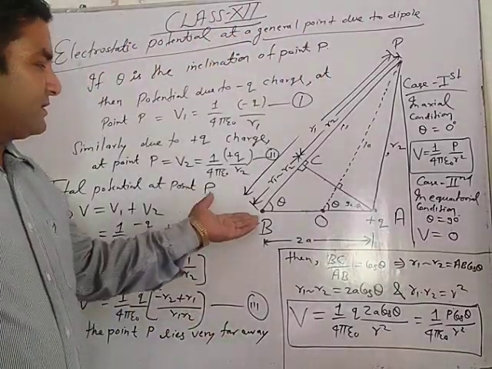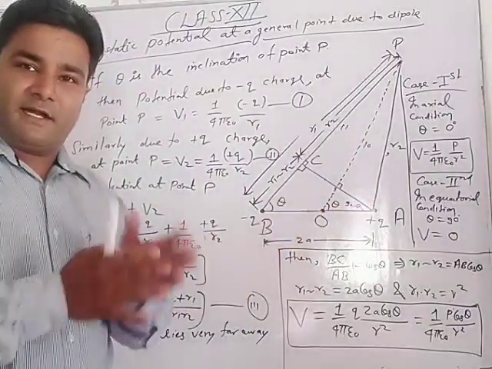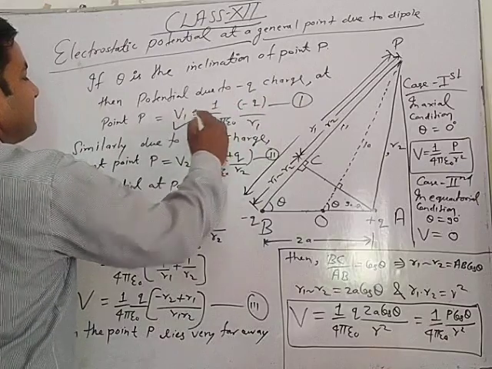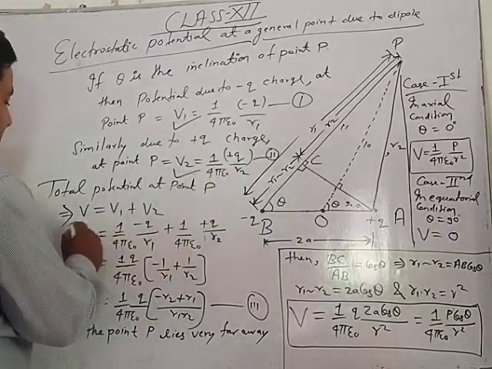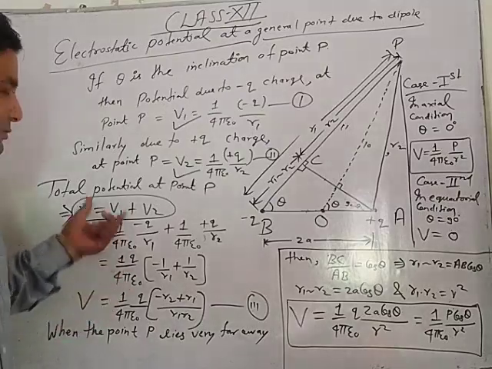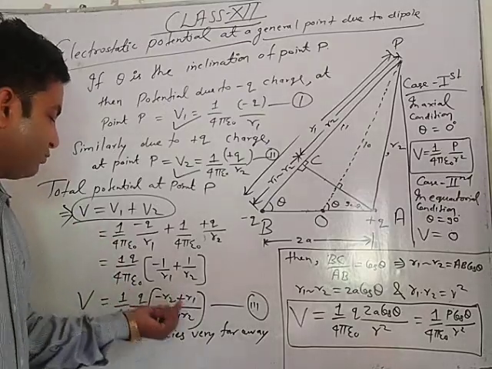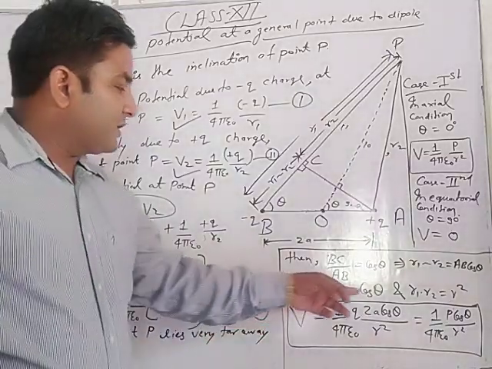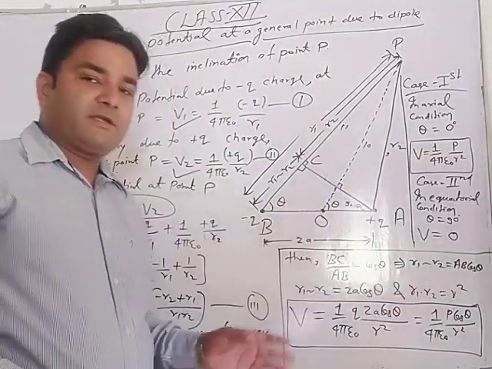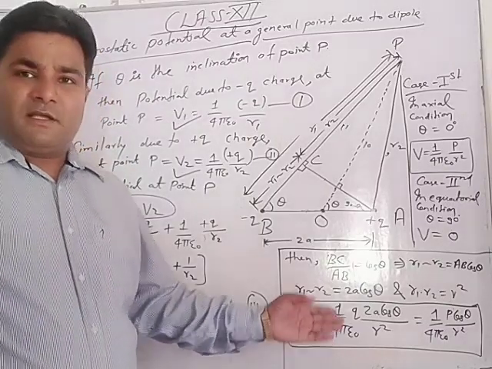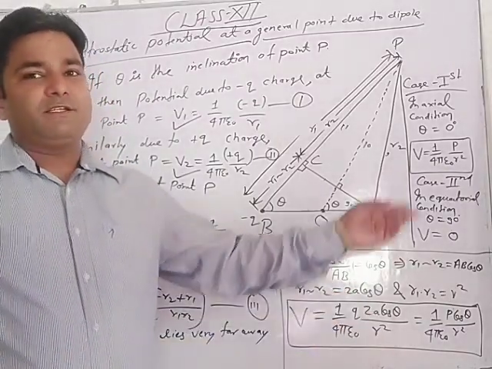When the potential due to minus q and plus q is taken and added, that is V1 and V2, then add up both, V1 plus V2, and in brackets R1 minus R2 upon R1 R2. Then R1 minus R2 means 2a cos theta, and R1 into R2 is equal to R square, and the derivation will be complete.